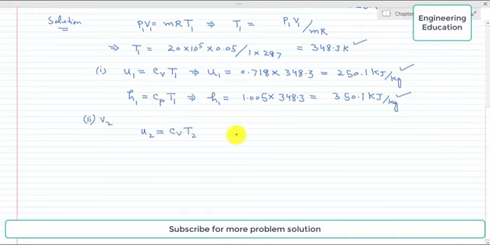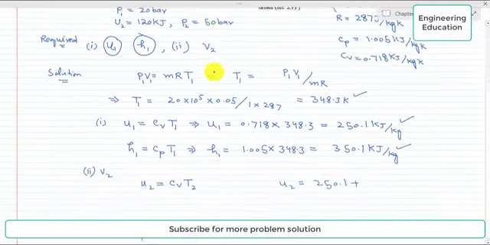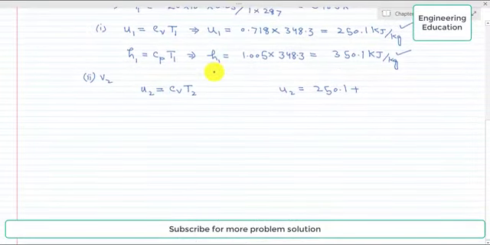Here the value of U2 is 250.1, and it is given that at state 2 its value increased by 120 kilojoule per kilogram, because we are talking about 1 kilogram of air, so it will be summed with this.